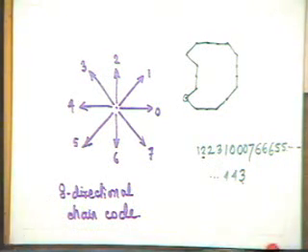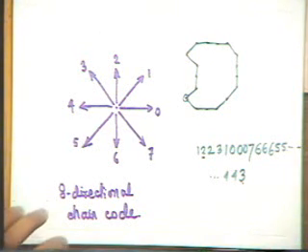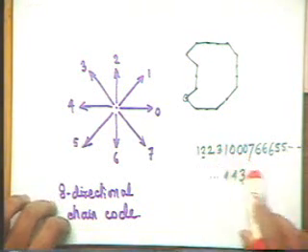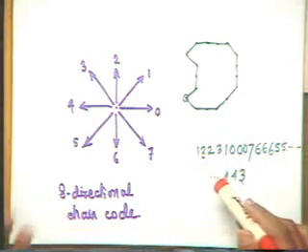Now the method that one applies is that you keep on giving circular shifts and choose the starting point such that the sequence of chain code which you get forms the minimum integer.